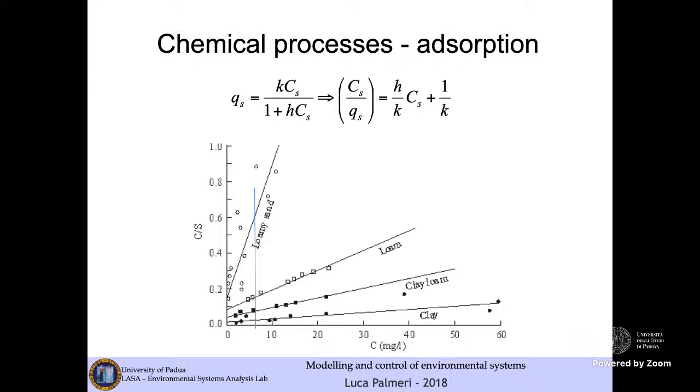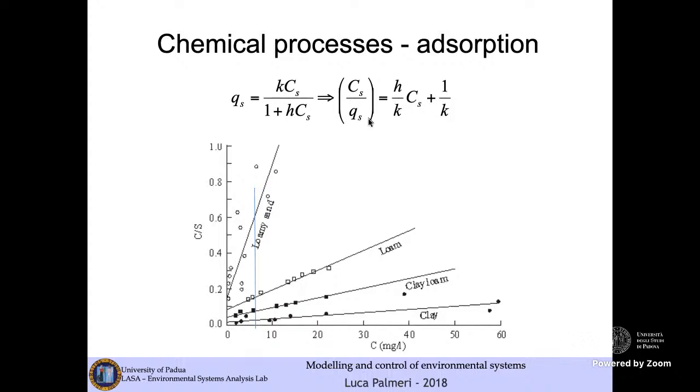In this case, with some simple algebraic manipulation, you may simply divide this by CS. When you invert this relationship, you get CS over QS equal to 1 plus H divided by K times CS. And then, if you make a variable change, so you change the epsilon variable to CS over QS, you obtain a linear model.